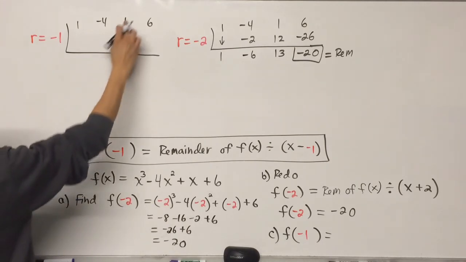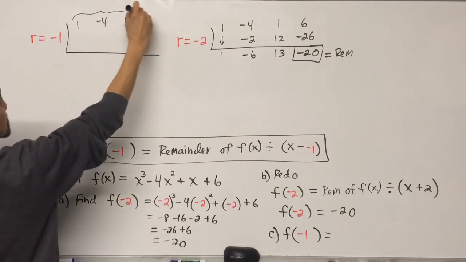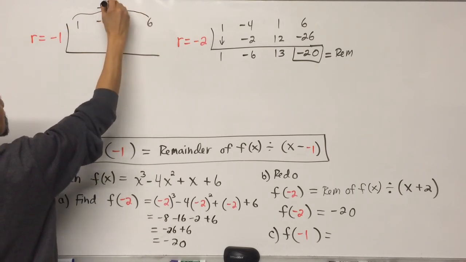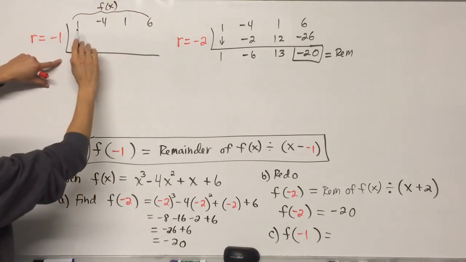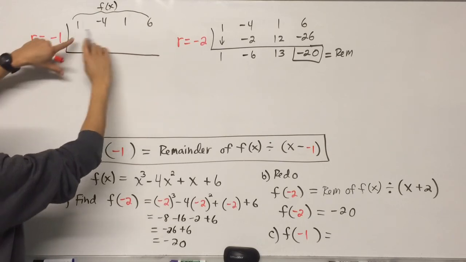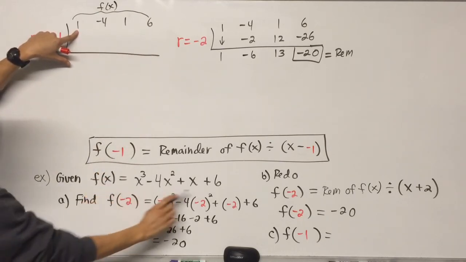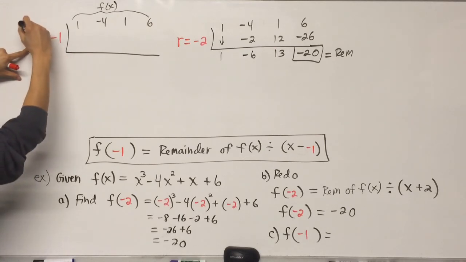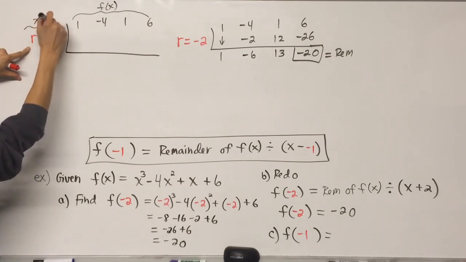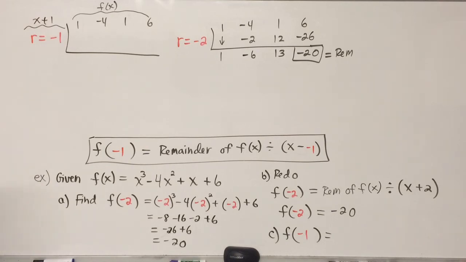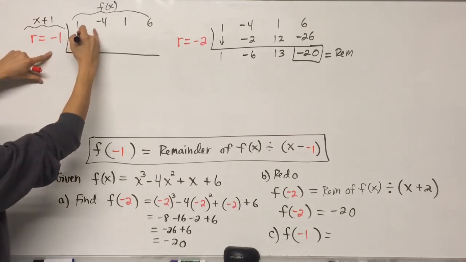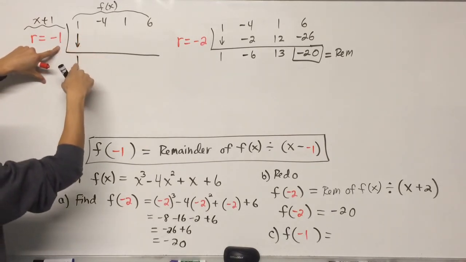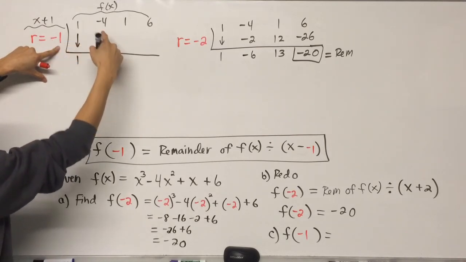So again, understand that this synthetic division is a very streamlined way of representing our f of x, which was this polynomial here. And merely by writing negative 1, I'm able to represent the polynomial x plus 1. Okay? So now, do the synthetic division. Multiply diagonally.